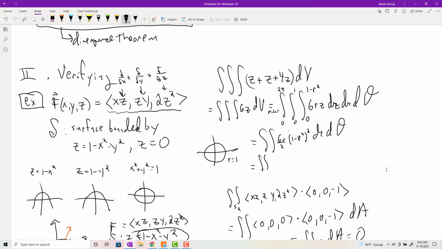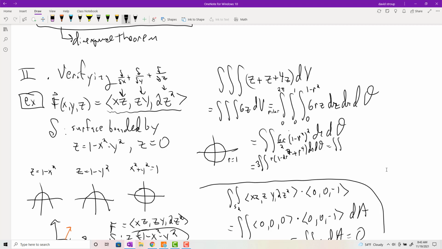So this would be the double integral of, we could factor out 3, right? So then you'd have r times 1 minus 2r squared plus r to the 4th, dr d theta.